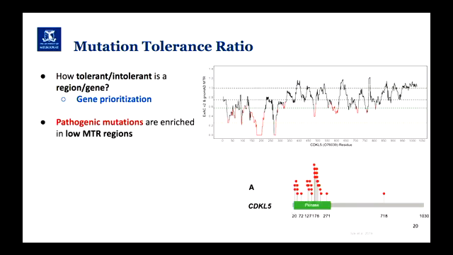It's been shown that pathogenic mutations are enriched in low MTR regions, so regions that don't accept any missense mutations. For instance, this is an MTR profile for a cyclin-dependent kinase, CDKL5, and you look at this region, it doesn't really accept many missense mutations. It's probably an indication that it's a functional region. If you look at this plot, which is basically the domain here, it's a kinase, and you see a lot of pathogenic mutations in that area, showing that it doesn't tolerate variation.